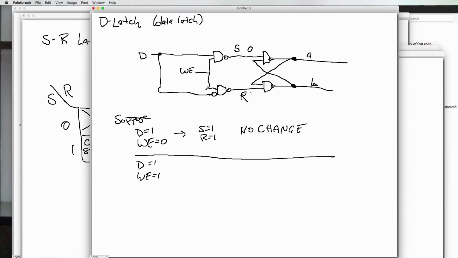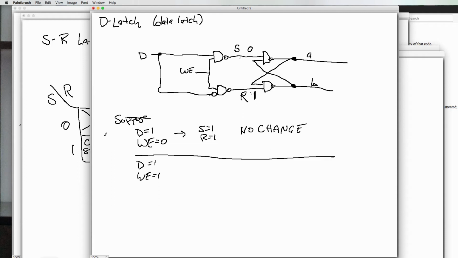Likewise, if I have D as 1, I'm going to have a 0 going in here, and I have a 0 and a 1 going in there. Remember, if I have a 0 and 1 that would be 0, but if I NAND it, it's a 1.